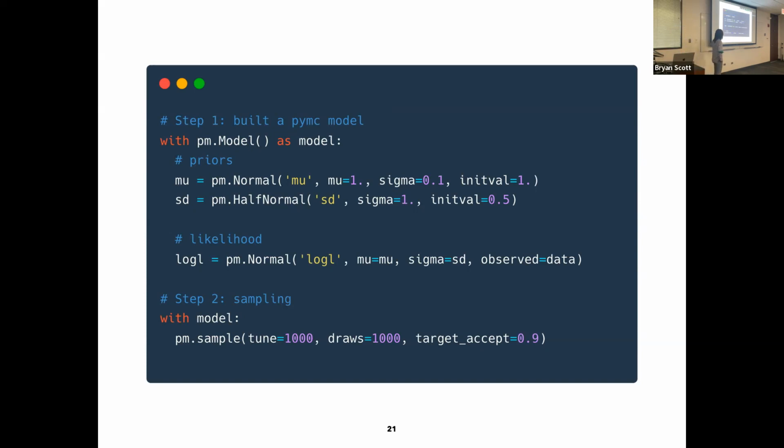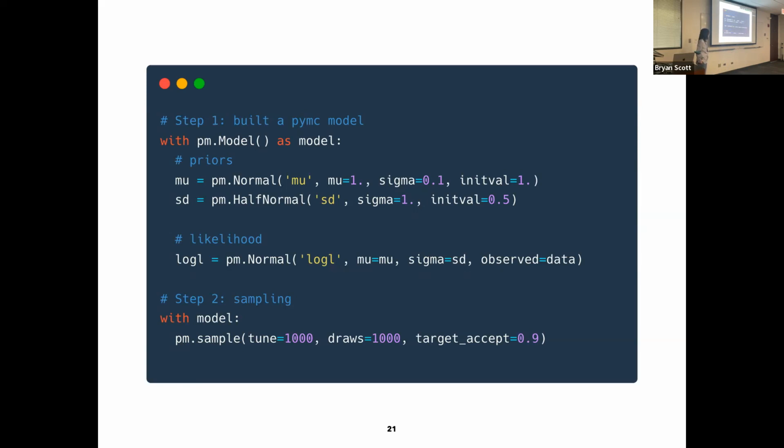You need to give this parameter a name, that's mu here, and the two names don't have to look the same. You could have mu = pm.Normal with X, whatever you want to name it, but it's usually helpful to have the variable and its string name be the same.